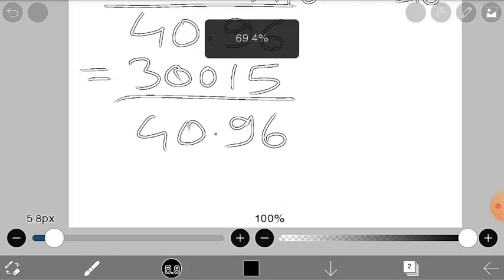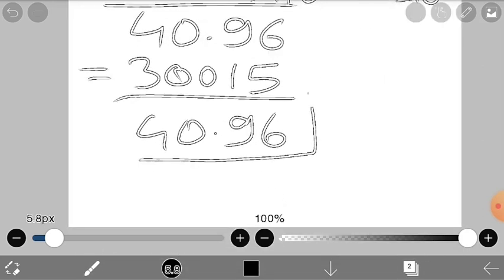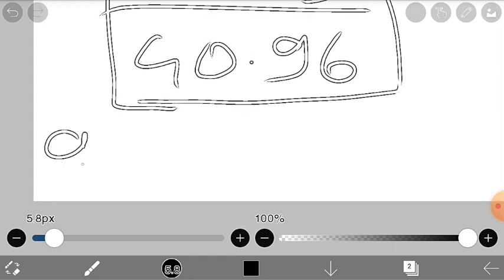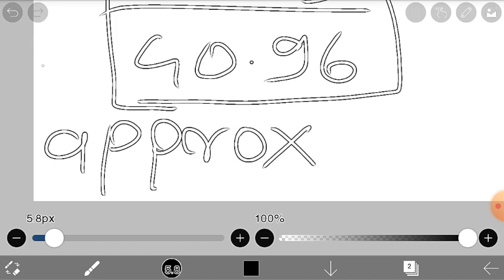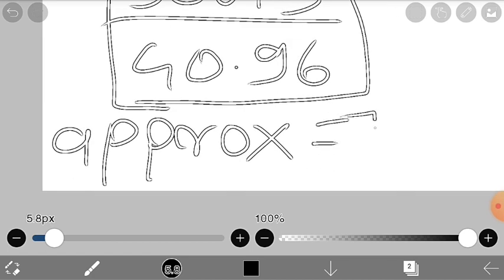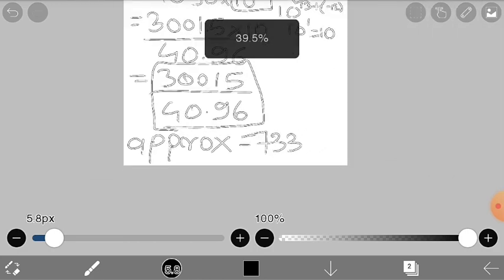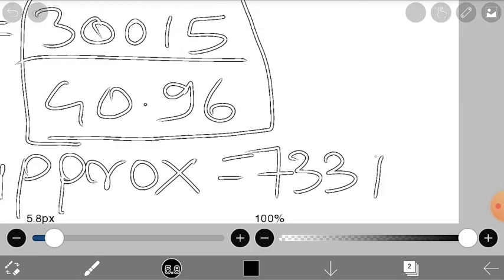So on solving all this, we will get finally approximately 733 Newton.